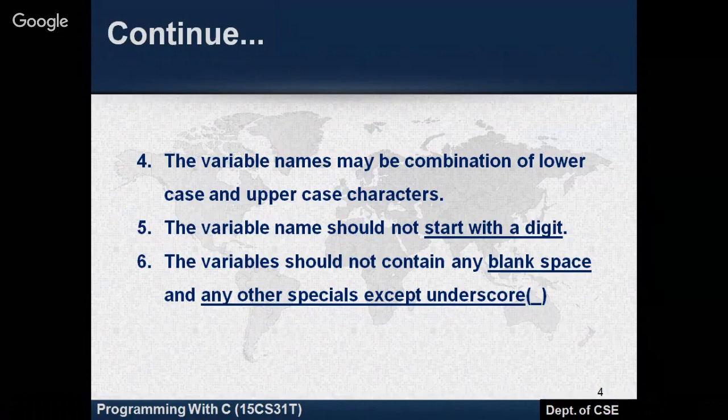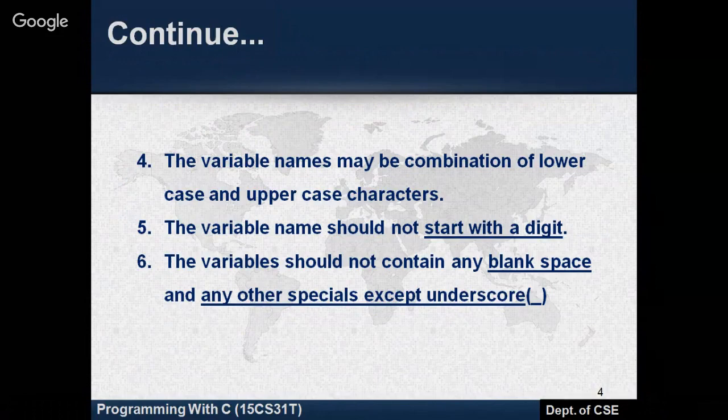While creating variables, I need to follow these guidelines. The first guideline is that a variable always starts with a character or underscore symbol. Some keywords cannot be used as variables. The variable length may vary from compiler to compiler, and the variable name may be a combination of lowercase and uppercase, but should not start with a digit.